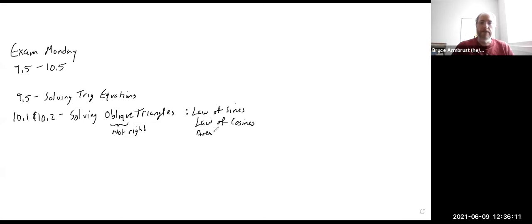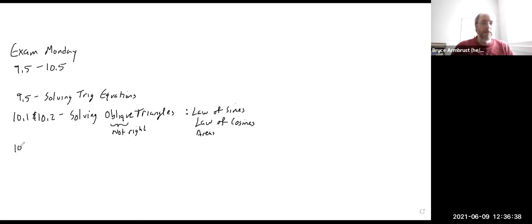So expect problems on those kinds of things. This is going to be very much like the quiz you just took. Quiz 4 and quiz 5 really cover these, so that's a good place to look back and see questions similar to what will be on the exam from those sections.